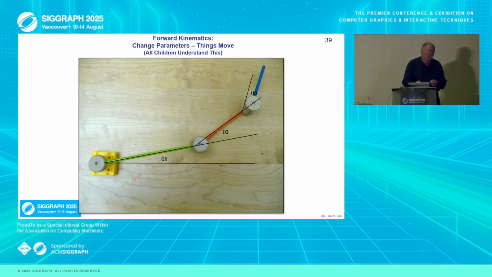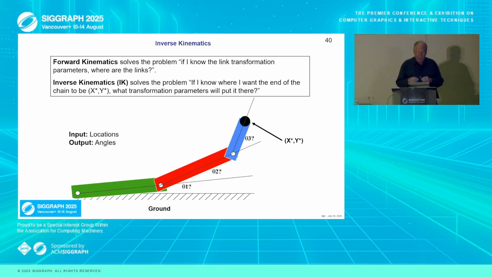And if I rotate this one, the other two go with it because they're connected. If I rotate just this one, none of the other two go with it because, well, they're connected, but they're connected downstream instead of upstream. Okay, and then there's math that does that.